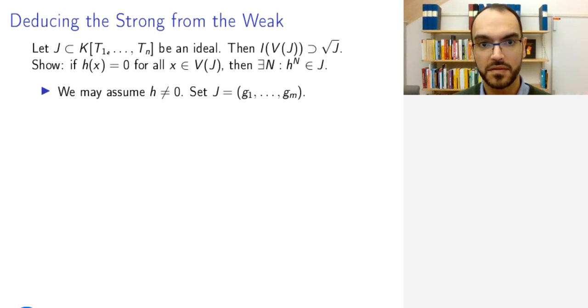Since J is an ideal of this Noetherian ring, we know that it is generated by some g1 to gm.